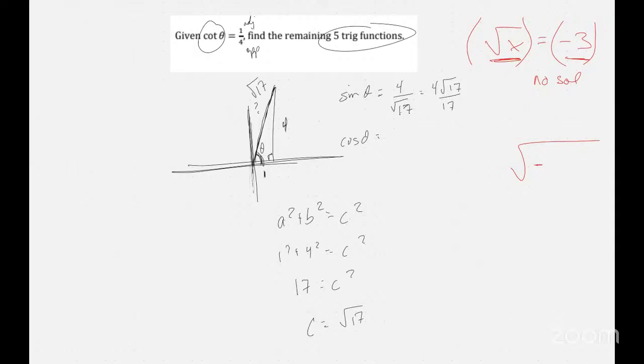Which is root 17 over 17. And then, of course, the tangent's just going to be the reciprocal of the cotangent. So it's just 4. And the cosecant is the reciprocal of the sine. So it's root 17 over 4. And the secant is the reciprocal of the cosine. So it's just root 17 over 1. It's root 17. Make sense?